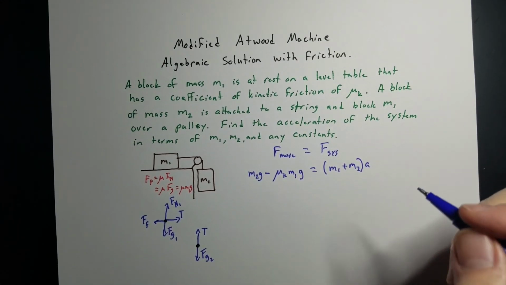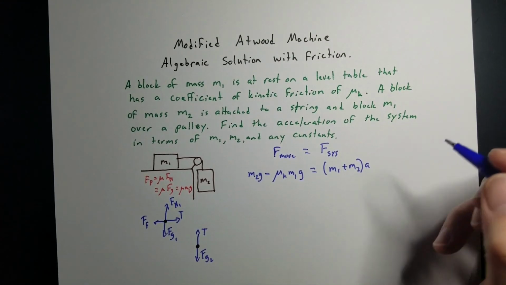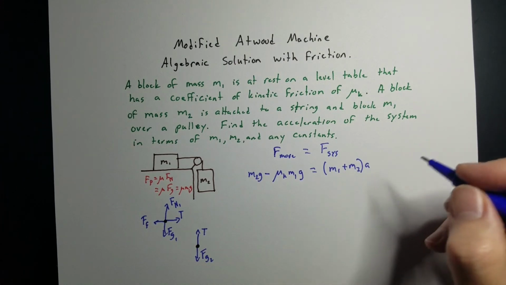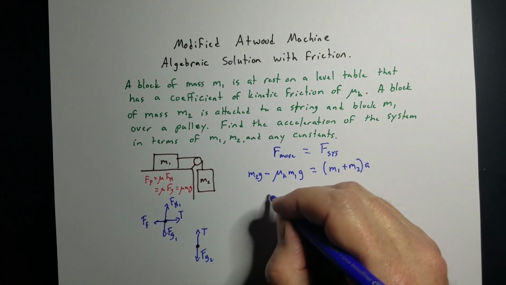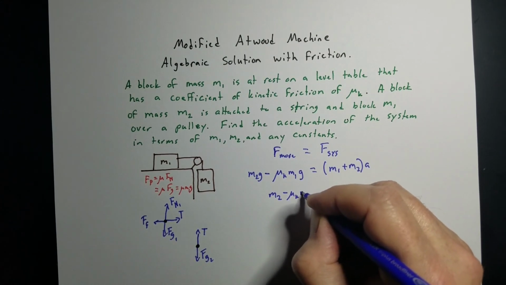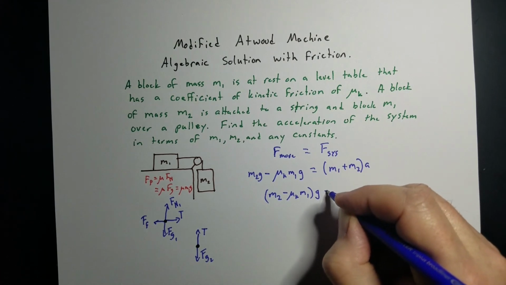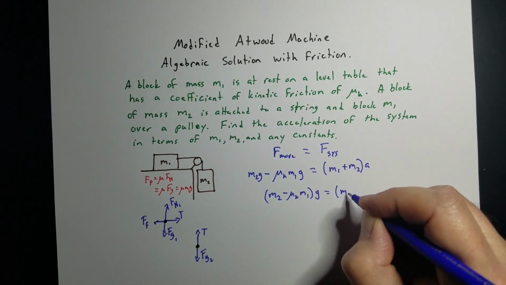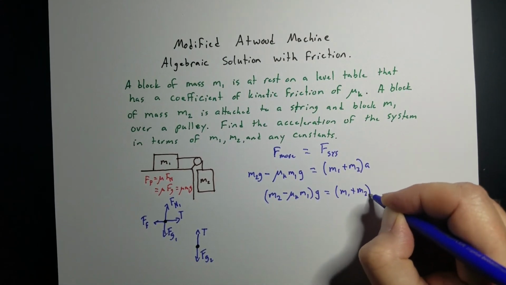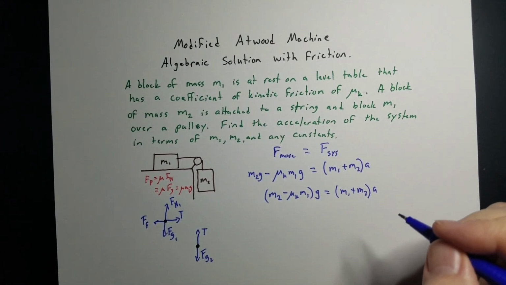Now we've got some options on how to do things. I'm finding acceleration, so I do want to clean this up a little bit. I want to say (M2 minus mu K M1), and I want to pull that G outside, equals (M1 plus M2)A. Then I want to divide by M2 plus M1.